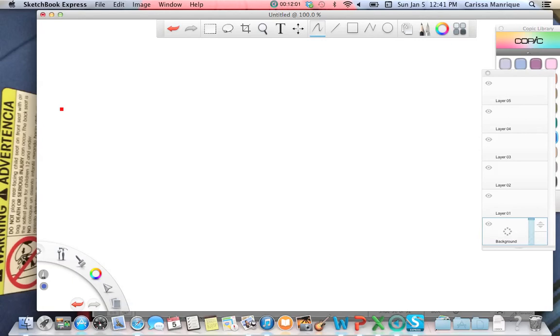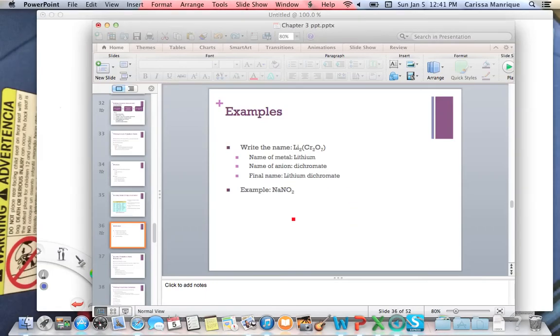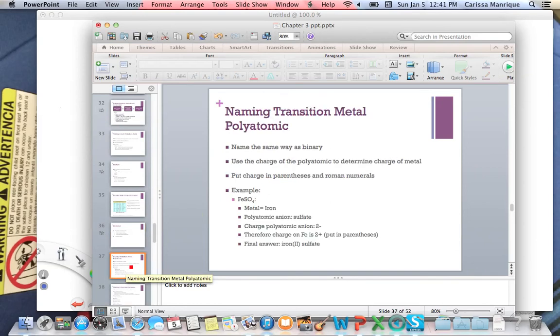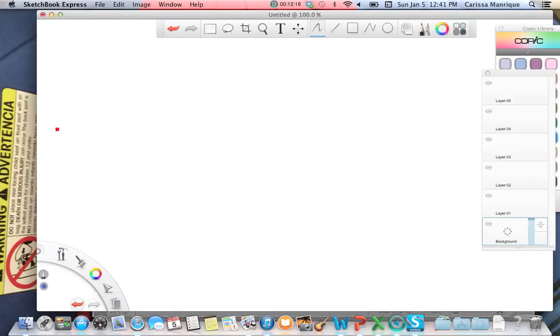Oh wait, that was a main group. Let's not do that one. Here's one. Let's try this. Iron 2 sulfate.